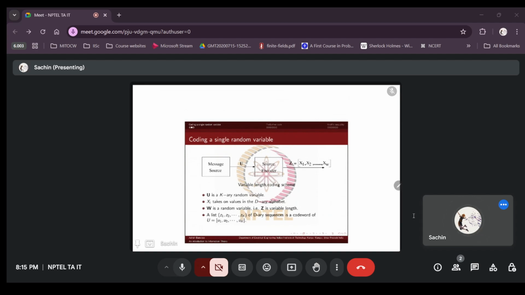You can call it Z1. So corresponding to each Ui, there is a Zi, which is a D-ary sequence of length Wi.